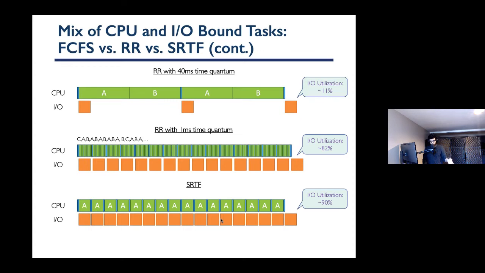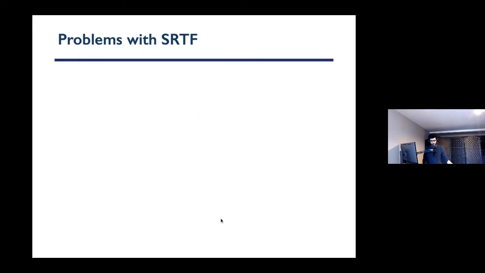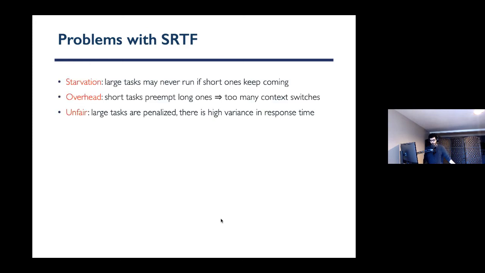So this gives you 90% CPU I/O utilization and 100% CPU utilization. What are the problems with SRTF? Starvation of large tasks, and high overhead if you have context switching time, because every time you get a short task, you're going to context switch.